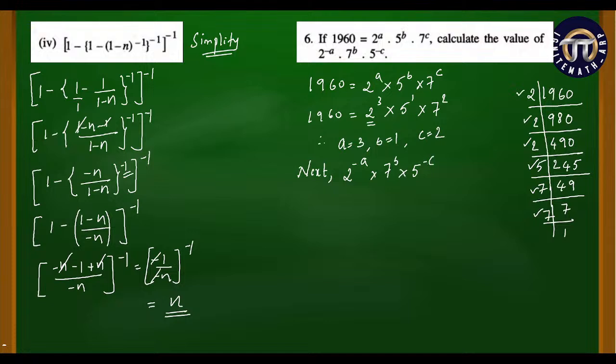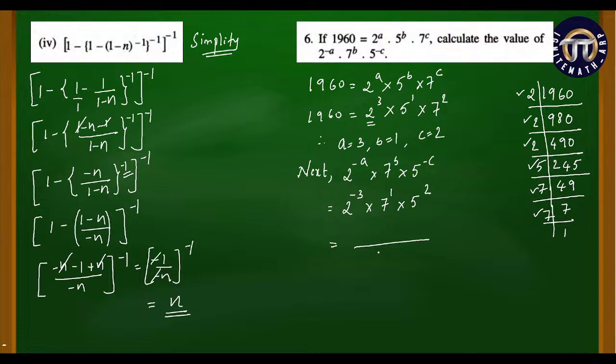So when I'm writing 2 to the power of minus a, what is a? 3. So 2 to the power of minus 3 into 7 to the power of what is the value of b? It is 1. So into 5 to the power of what is the value of c? It is 2. So now I told you that whenever I have a negative power, I have to make it a positive power.